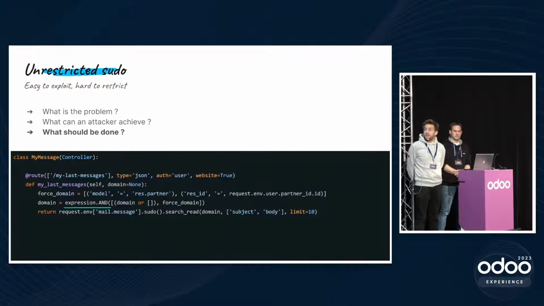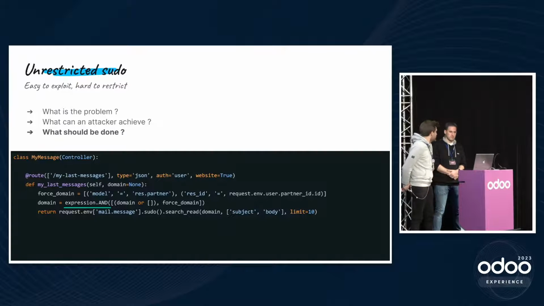And to fix this, there is a module in the Odoo framework called expression, where you can connect domains together and make sure that they are valid before merging. Each domain will be validated before being combined, and it will force them to be combined with an AND instead of an OR.